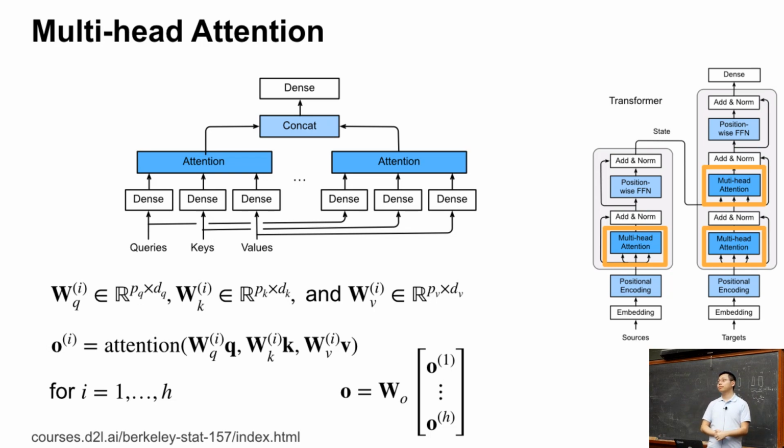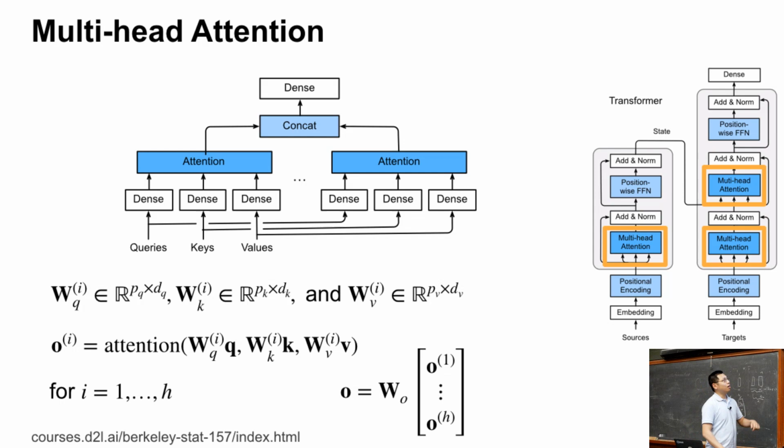Okay, in math, if you have H heads, then for the i-th head, which is the i-th attention, we have WQi, the projection matrix for the query, and also WKi and WVi.